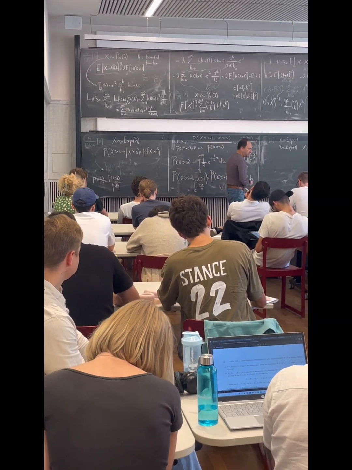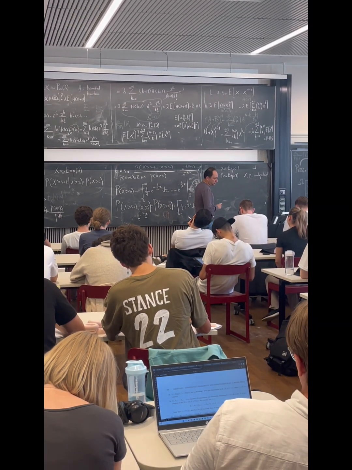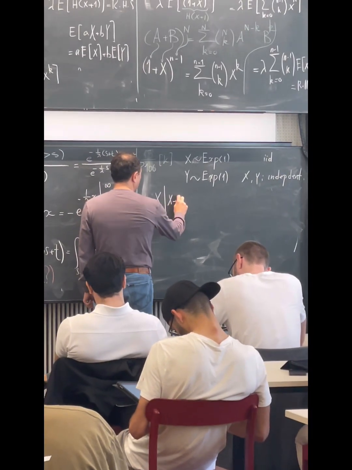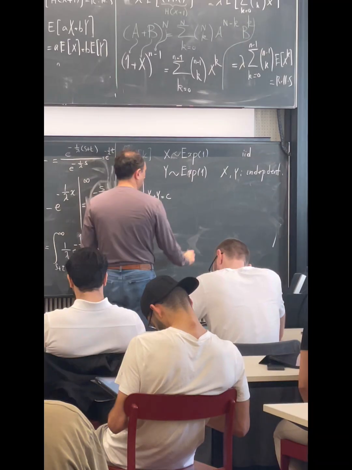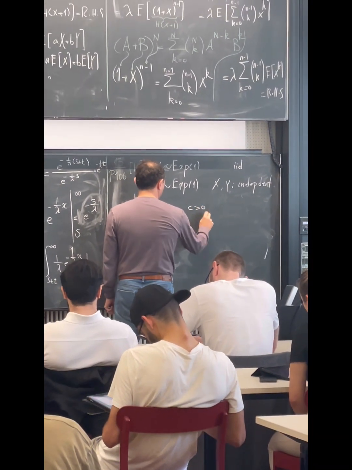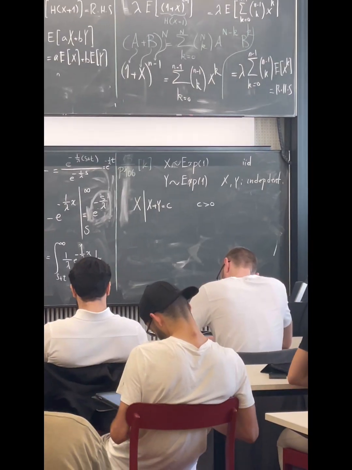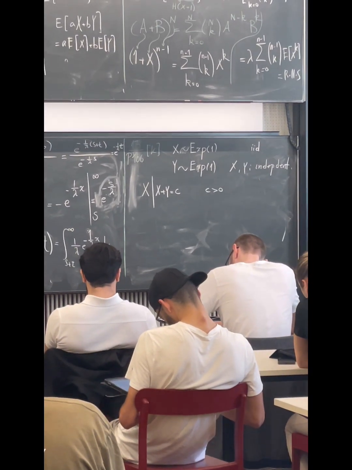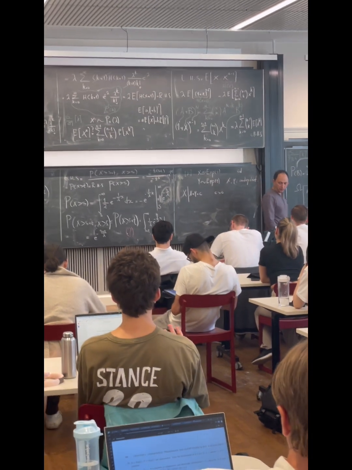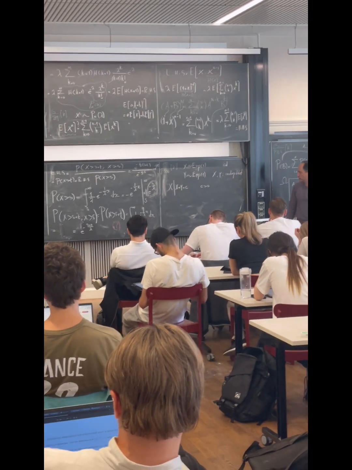We want to calculate this. Find the distribution of this random variable where c is a positive constant.